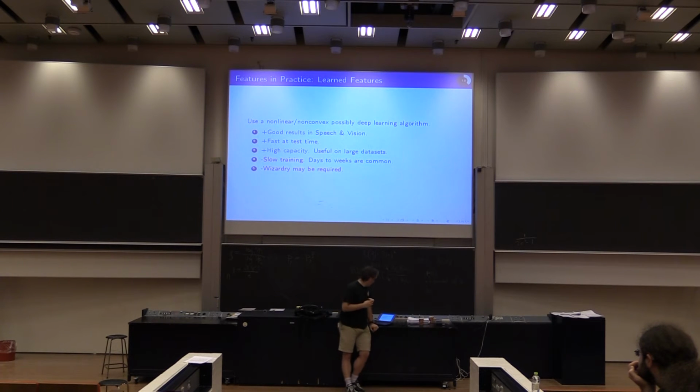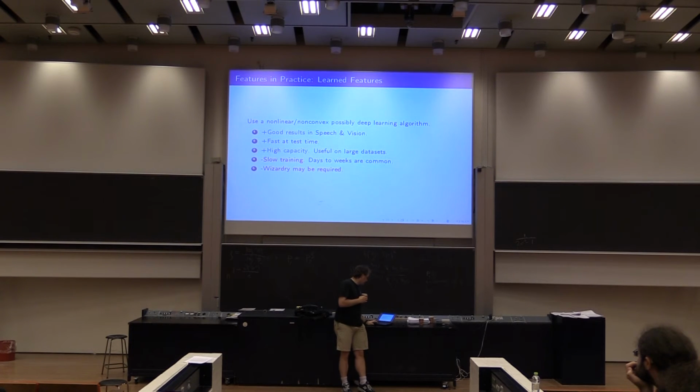So there's another approach, which is becoming much more common now. It involves learned features. This is the approach to machine learning which won the ImageNet challenge and basically changed the vision community. It's very cool. The idea here is you're going to have some sort of complex nonlinear system, and you start with very basic observed things like pixels. And then you build up from this more and more complex features until you get to the final solution.